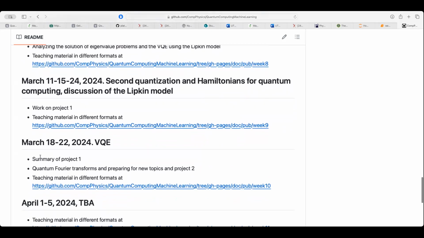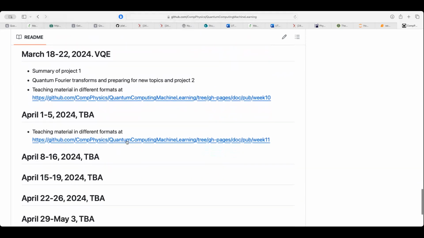And then before the Easter break, which is Friday the 22nd, we will discuss this. We have a summary of the project, and then we'll start looking at other methods. And there's also the possibility, obviously, to come with inputs about things you would like to see in the second half of the semester. That is why when you look here, you will see that there is a TBA, to be announced. So I haven't decided on what we will do in the second half.